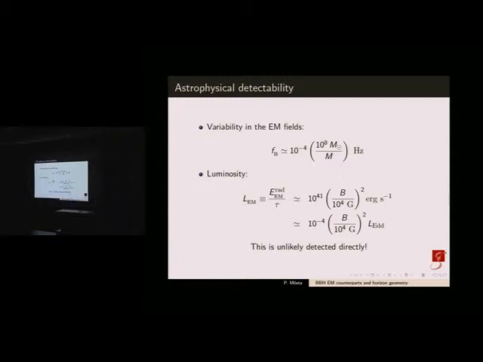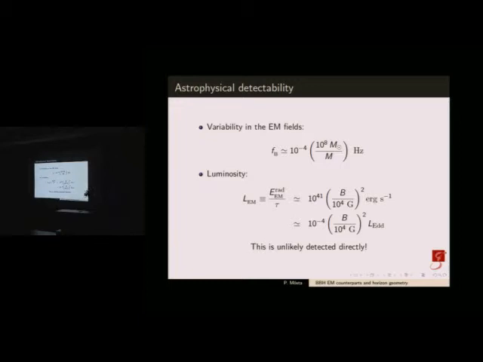This is done now for a 10 to the 8 solar mass black hole system, just as a simple example. And of course here again we have the scaling with the initial magnetic field. So for a system of 10 to the 8 solar mass black holes, you would get something like 10 to the 41 ergs per second. This would be visible if it's very close by, but then you also have to think that you have the accretion disk around.